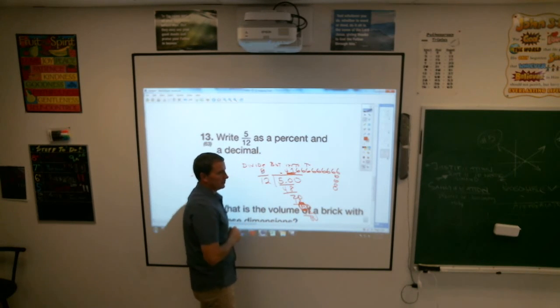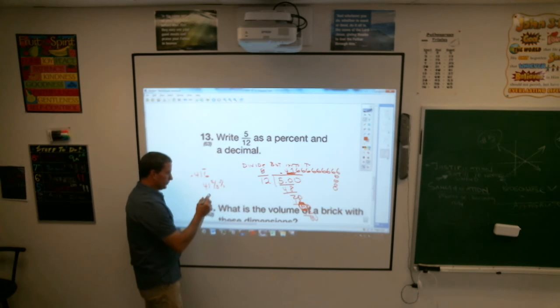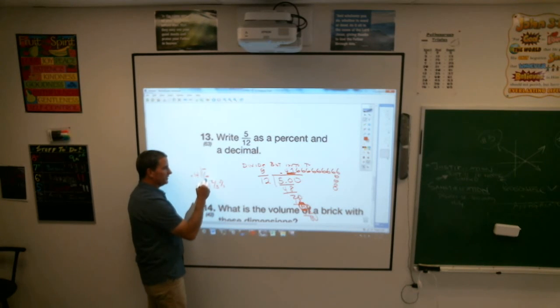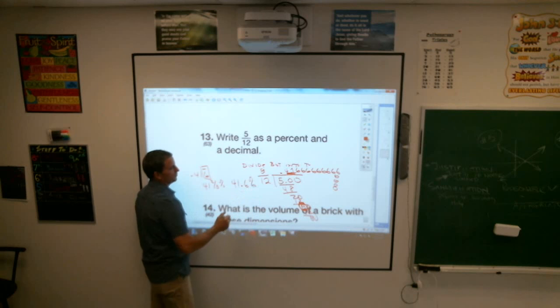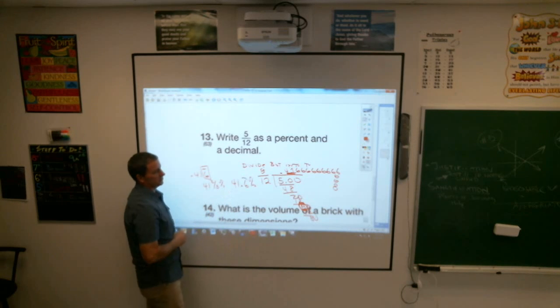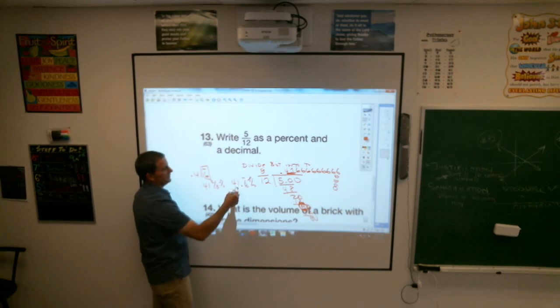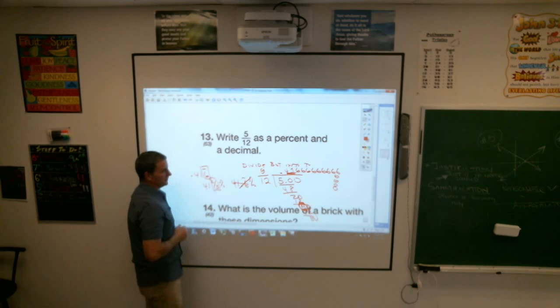What fraction is 8/12? 2/3. Or if you know that 6 repeating is the same as the fraction 2/3, you can just do it from there. But one of the two ways, you can't just put 6 over 12. We don't do 41.6 repeating as a percent. So you really need to change that into that fraction right there.